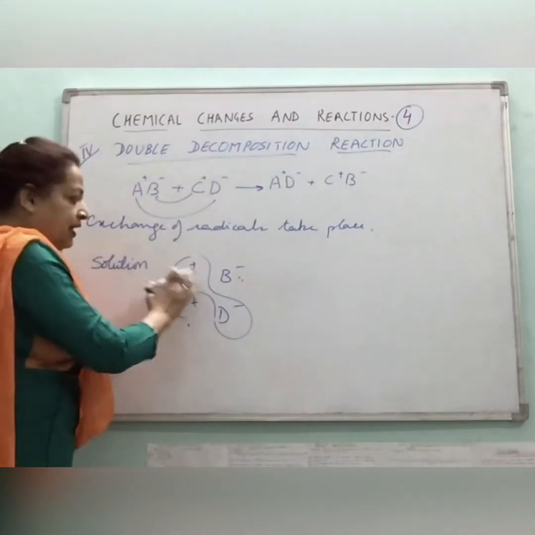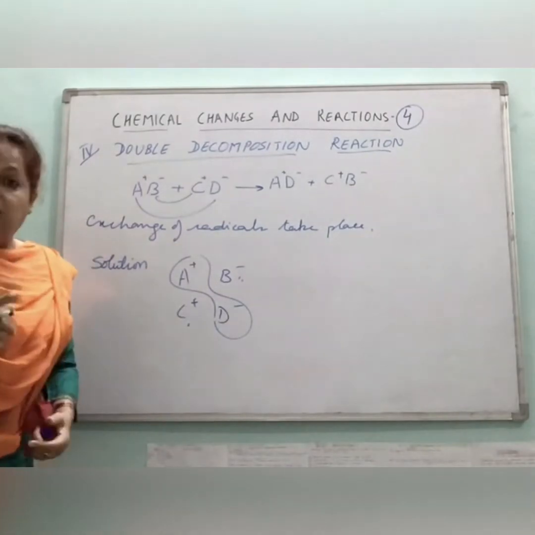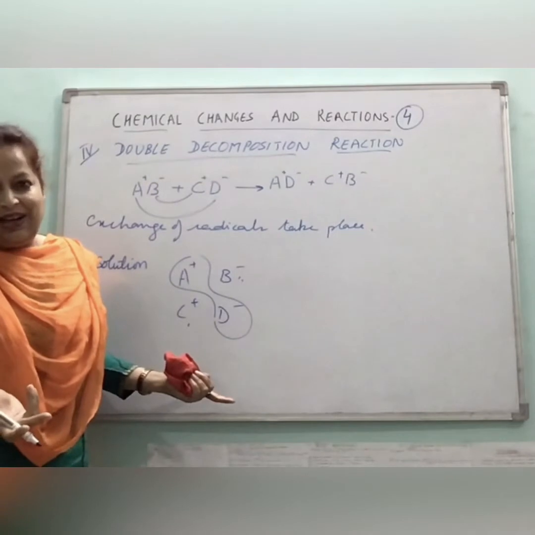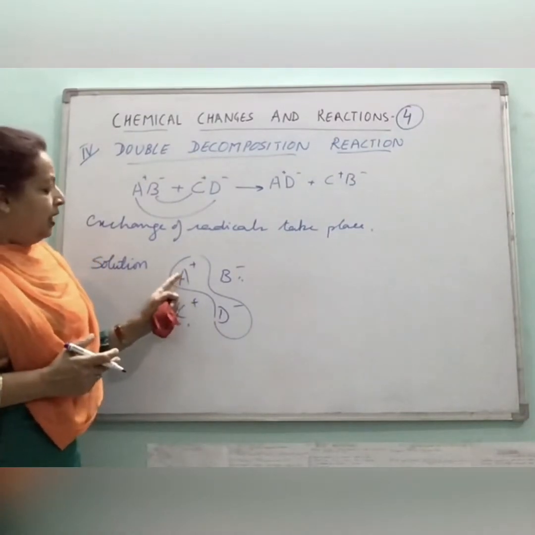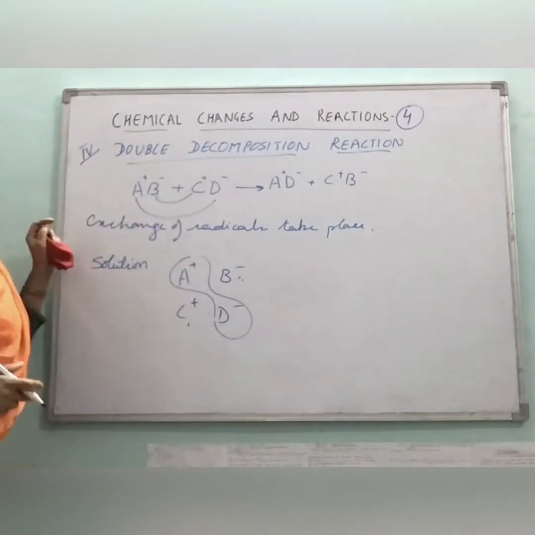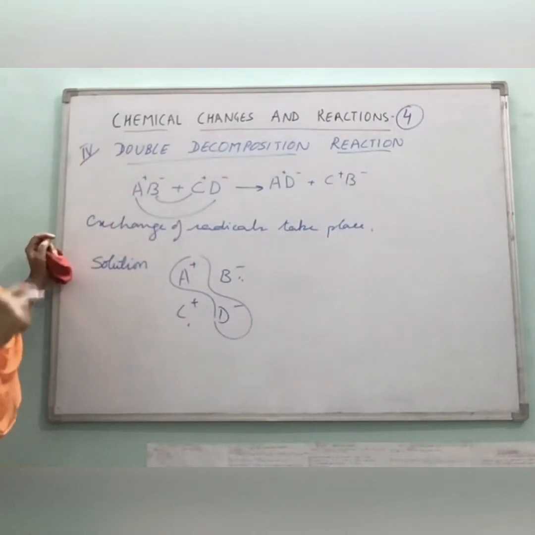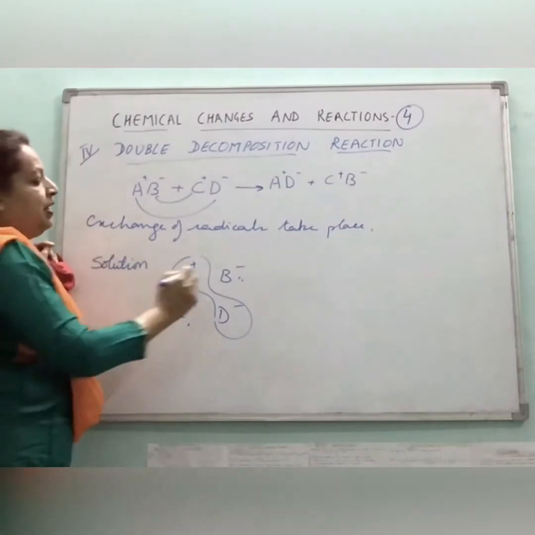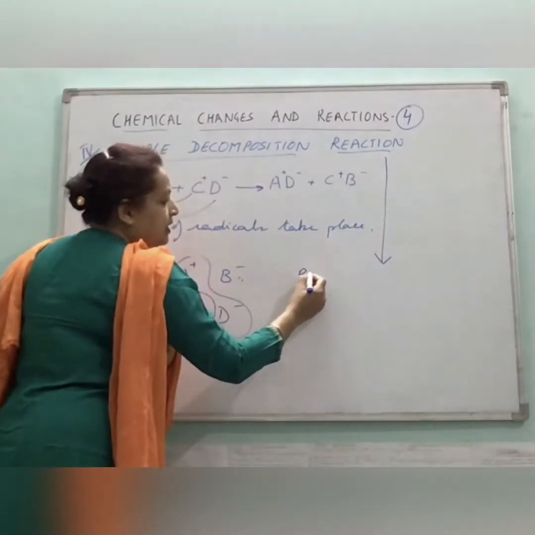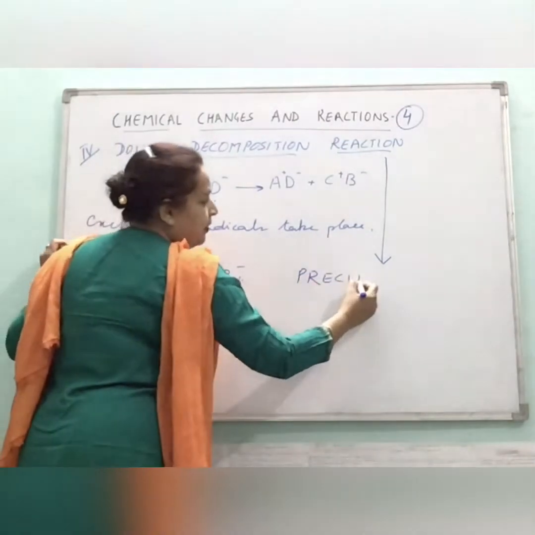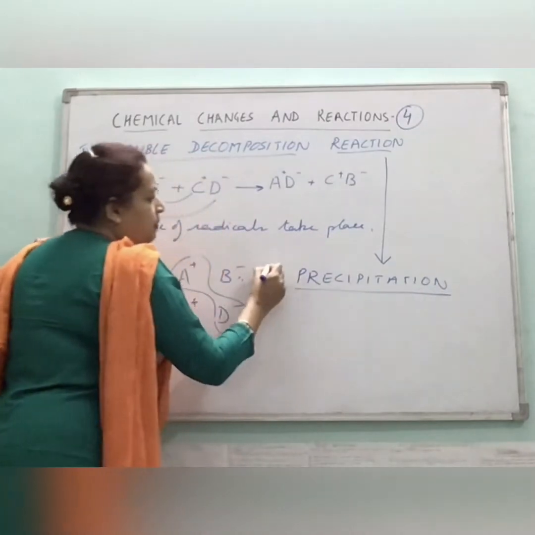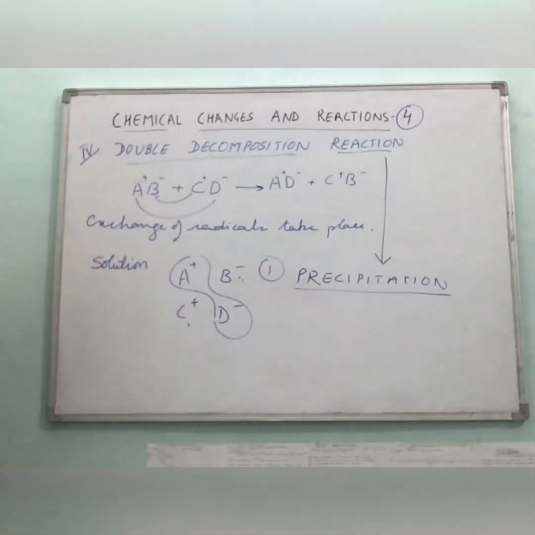So if it combines and separates out as insoluble, because if it is soluble, it remains in ion state only, then this reaction will take place. And one of the types of double decomposition reaction is known as precipitation.